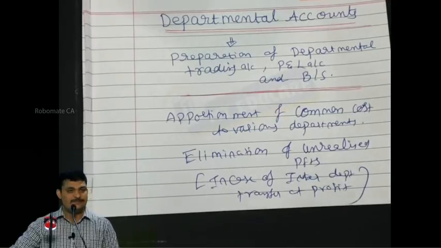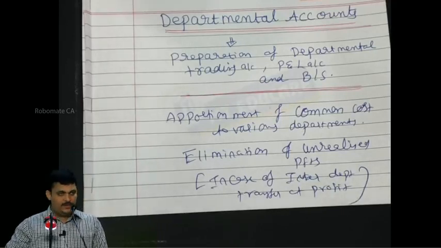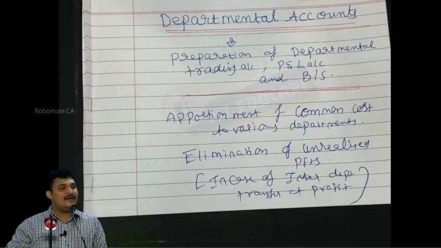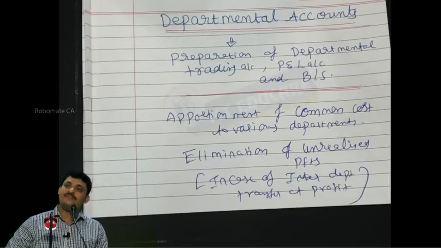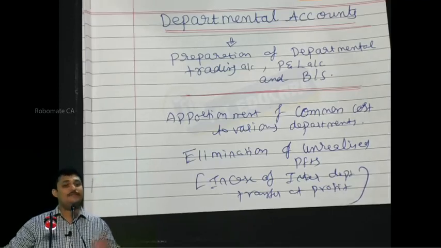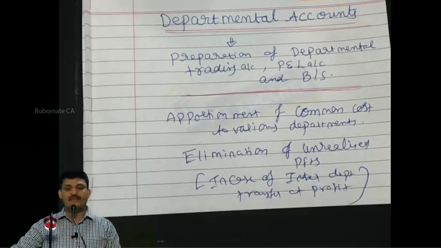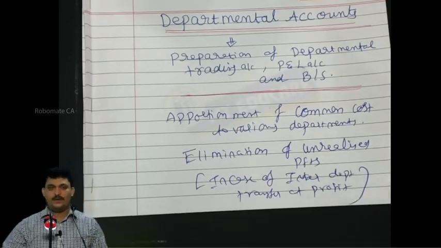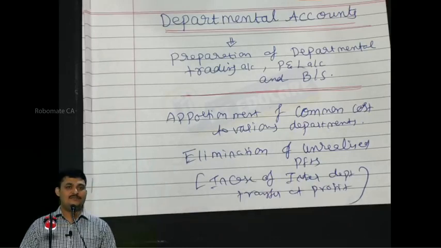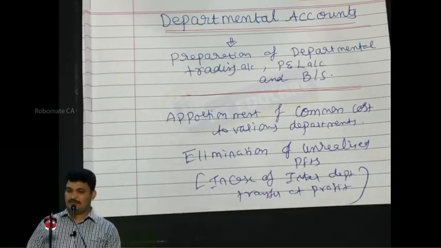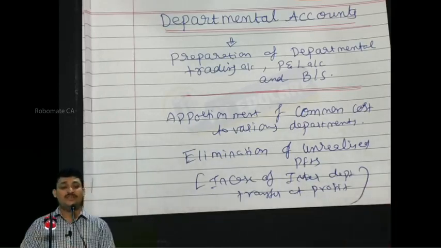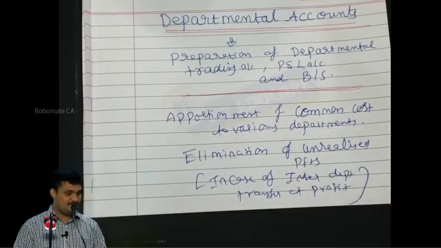This was our discussion. Now the computation that has been made based on the stock of transferee sometimes will be eliminated from the transferor department. Sometimes the departmental manager's remuneration may be based on the profits earned by the department.